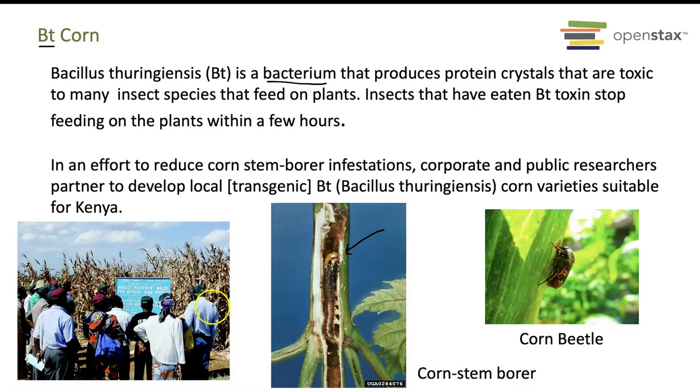And this image of people in Kenya shows corporate and public researchers trying to help the Kenyans raise corn that won't be destroyed by this bug. So they put the gene for that protein crystal into the corn, and now the corn makes that crystal, and any bug that comes and eats the corn will not like that, right? It's toxic to the beetles, and they will not destroy the corn.